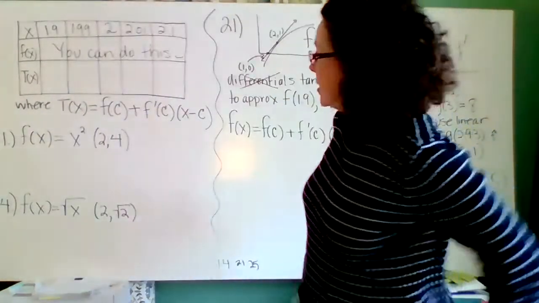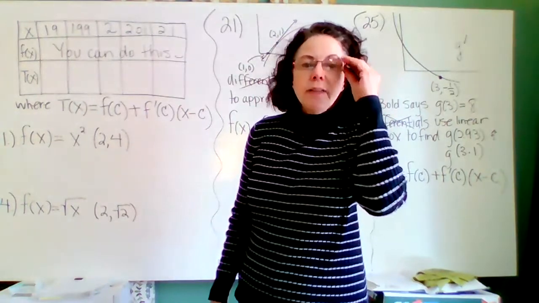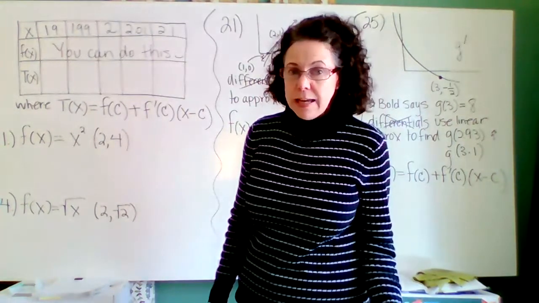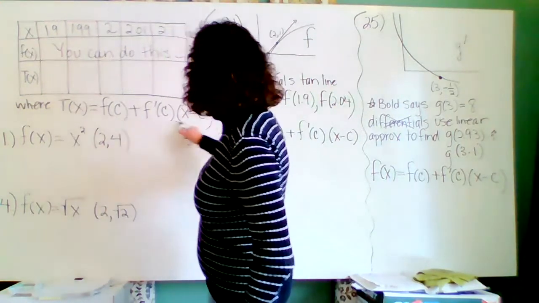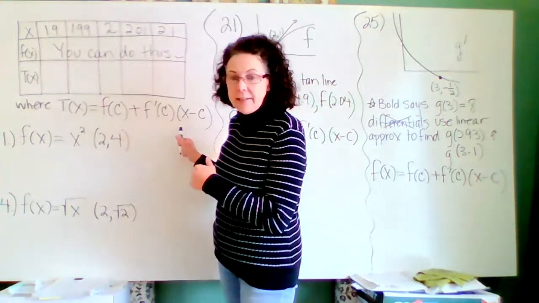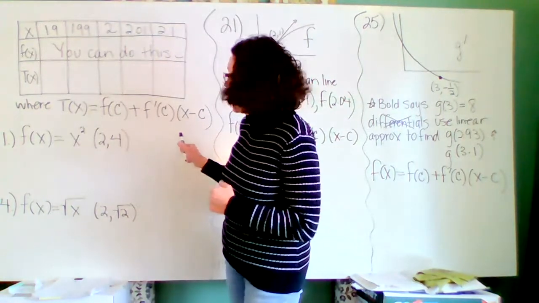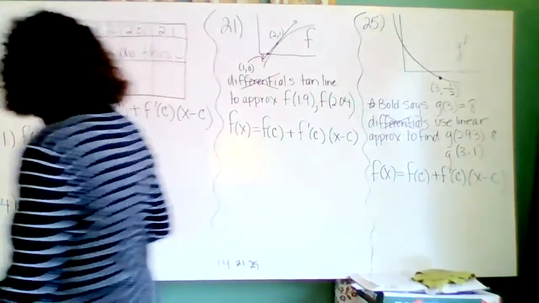I think what you need is they ask you to fill in this row, which is T of x, which would be the equation of the tangent line to this function at this point, and pop the x's into the tangent line at this point. Okay, so let's do that for number 1 and take a look.